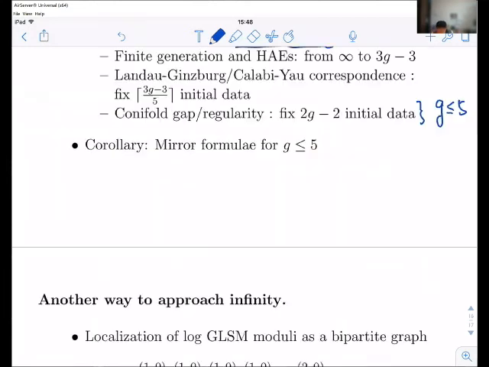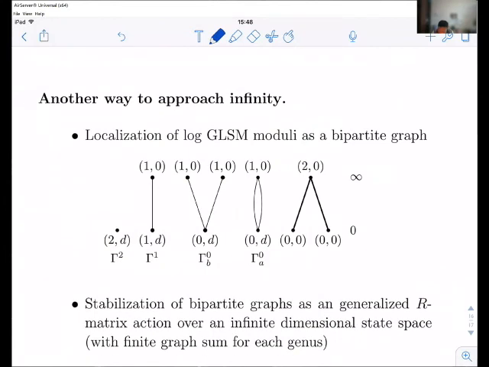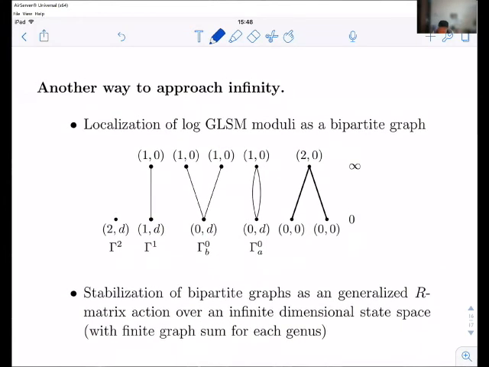Okay, so the picture is like this. First, by the idea of Felix Janda, it gives us a localization formula for the log gauged linear sigma model moduli. And this formula allows us to write down the quintic theory in terms of a bipartite graph sum of some twisted theory.